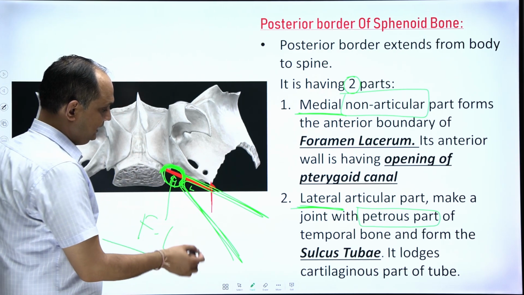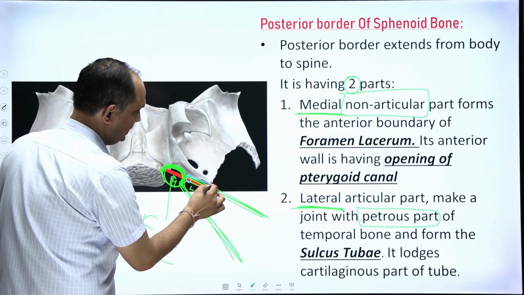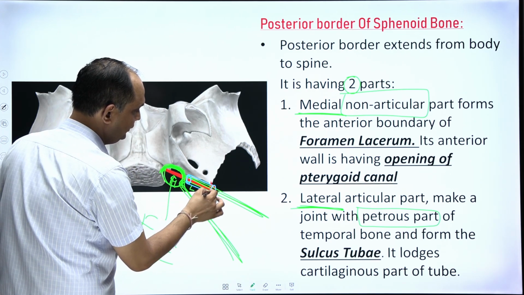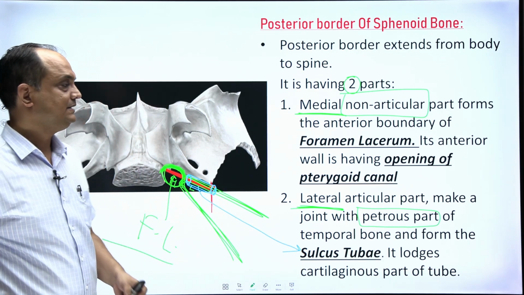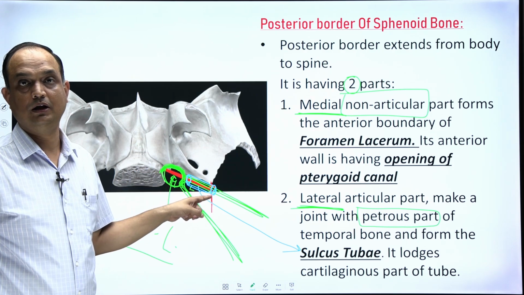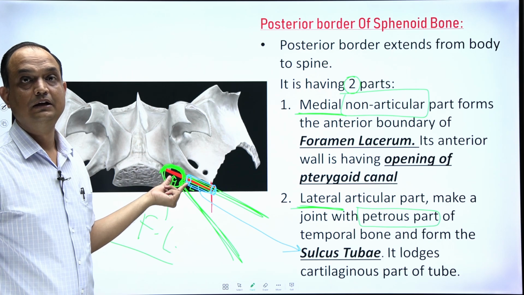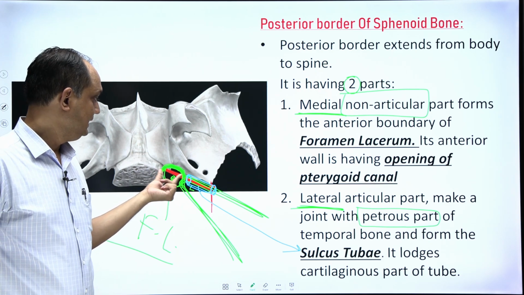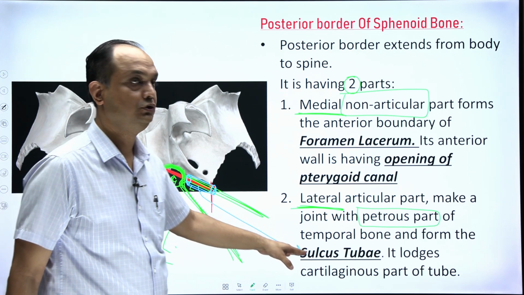In this articular area, you will have a groove for the cartilaginous part of the auditory tube, known as the sulcus tubi. Please try to understand that along this posterior border, there are 2 parts: the non-articular part, which has a relation with the foramen lacerum, and the lateral articular part, which has the groove known as the sulcus tubi.